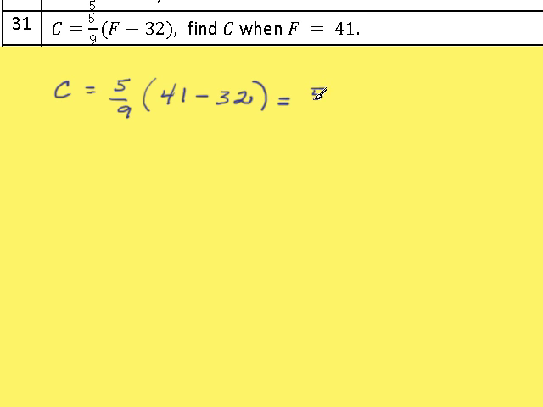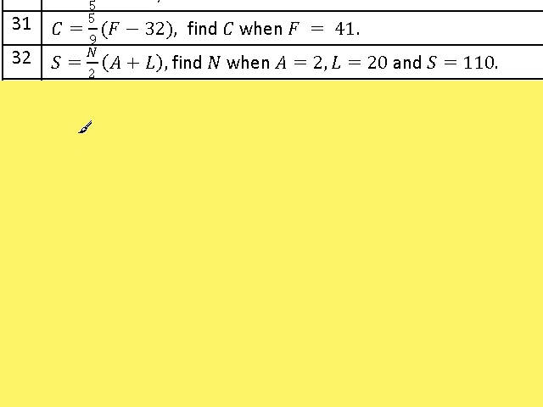So we have 5/9 times 41 minus 32, that's 9. And now we could just cancel out those 9s, and so we have the Celsius temperature is 5 degrees. That would be 5 degrees Celsius.